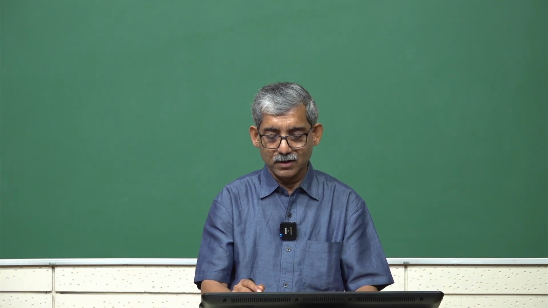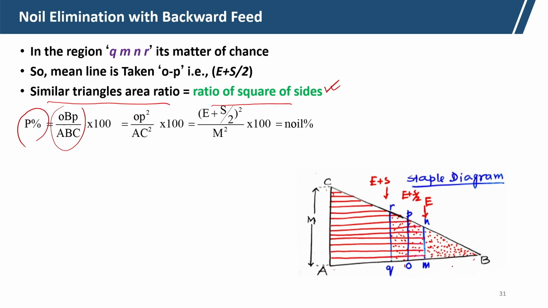So, OPB by ABC multiplied by 100 is the percentage of noil, which is nothing but OP square by AC square multiplied by 100. OP means E plus S by 2, squared, by M square, where M is the maximum fiber length, that is AC, and this is the noil percent for the backward feed.